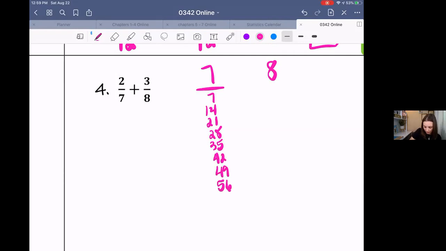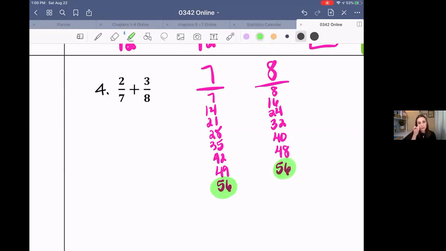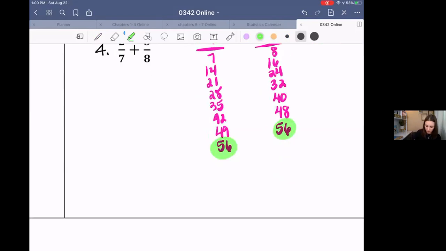So I had to go all the way down to 8, and this is going to be the same. 16 times 3 times 4 times 5 times 6 times 7. So their least common multiple is actually kind of a big number, but that's okay.